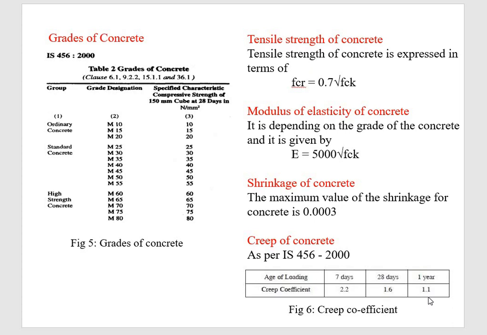It is just vice versa. It is 7 days 2.2, 28 days 1.6, 1 year 1.1. These are the standard values. Please remember this table and these values. It's important in RCC.